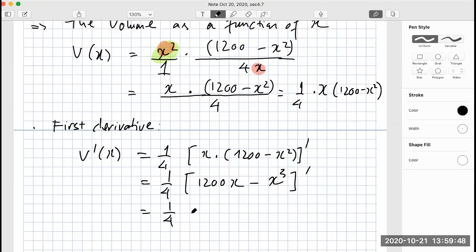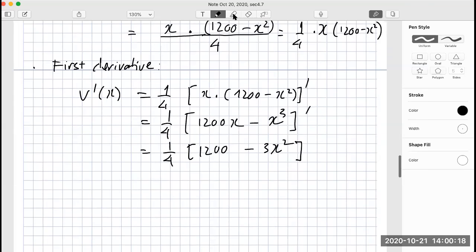Now the number 1 over 4, we write it. What is the derivative of this guy? Minus 3x squared. Very good. Now 1200, 12 is a multiple of 3.